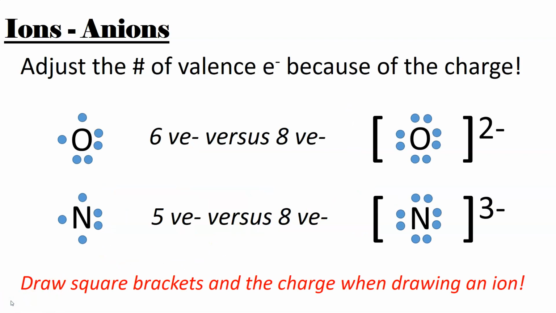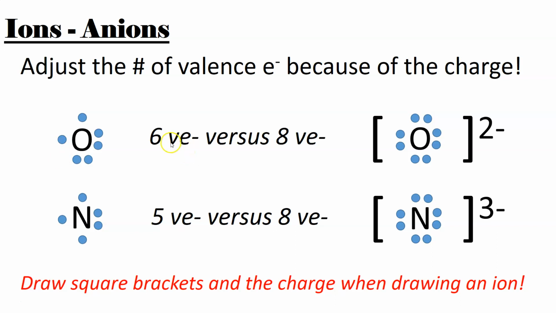If we ever want to draw a Lewis structure for an ion, we have to adjust the number of electrons. And we also have to have some way of telling people that we've adjusted it. We don't want them thinking that's what it would normally look like. So oxygen normally has 6 valence electrons, but when it forms an ion, when it makes oxide, it becomes O2-. It has 2 extra electrons.